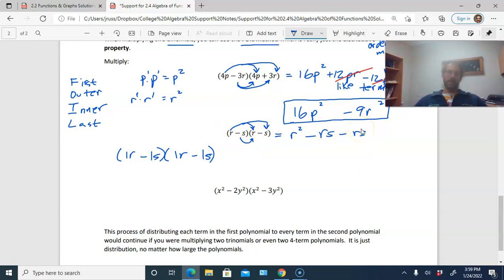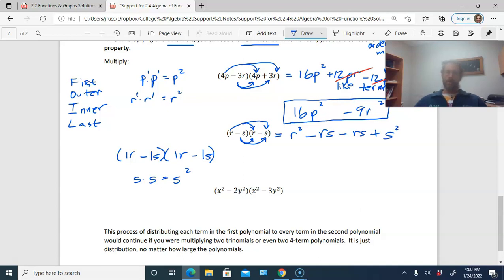And then finally, we'll multiply the negative s to another negative s. Well, a negative times a negative is a positive, and s times s is s to the second. Okay, so we get s squared.